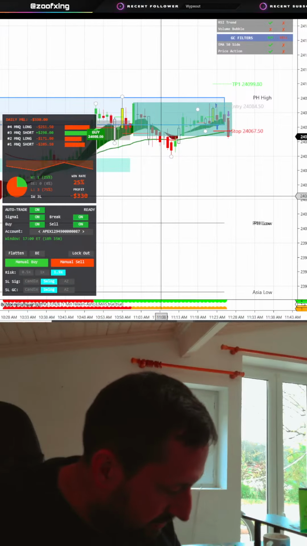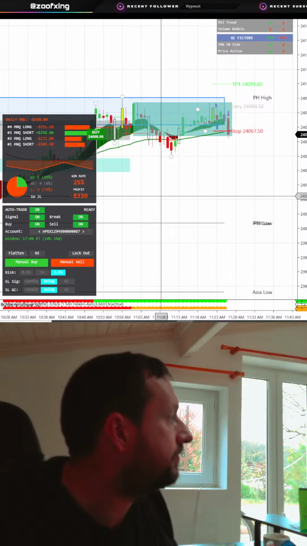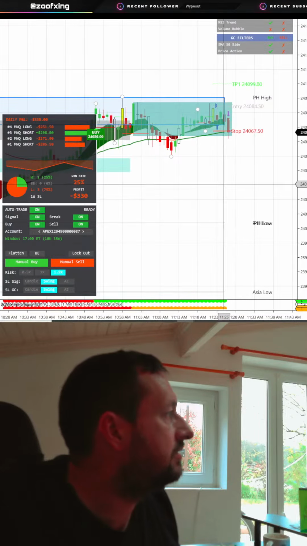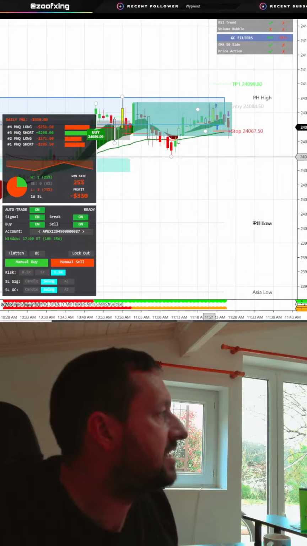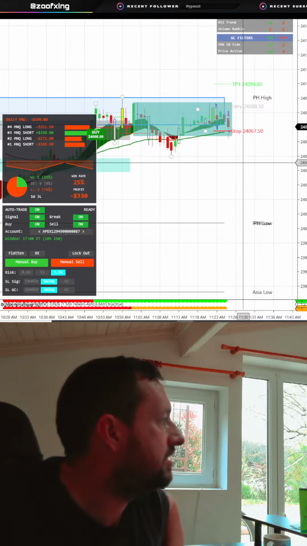We really want the sells, we don't want buys. Another failure to take the high. So we really want to come down, take this low, see if we get a sell signal.